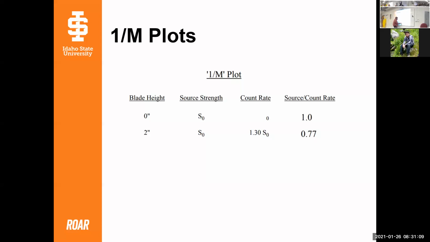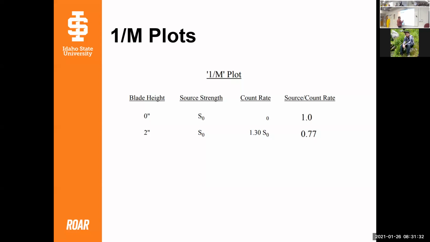Let's say this is 1, 2, 3, 4, and then let's say this is 0.25, 0.5, 0.75. I just made up scales, right?